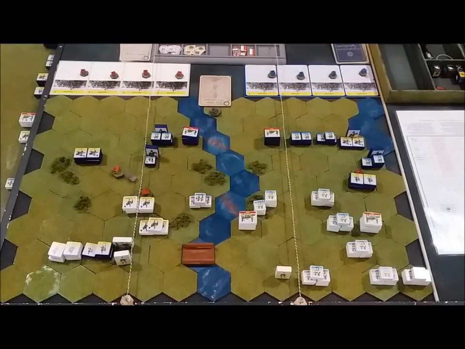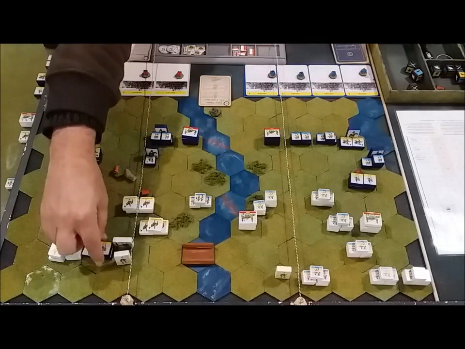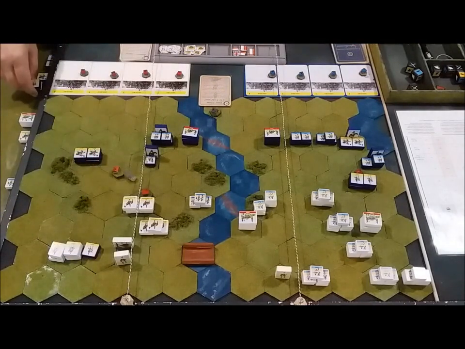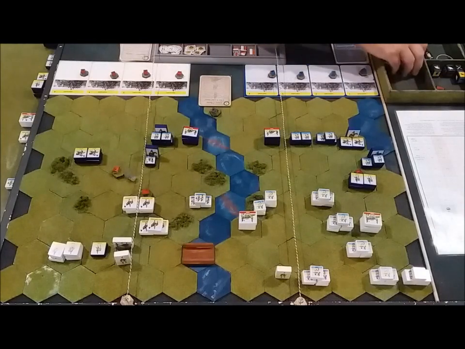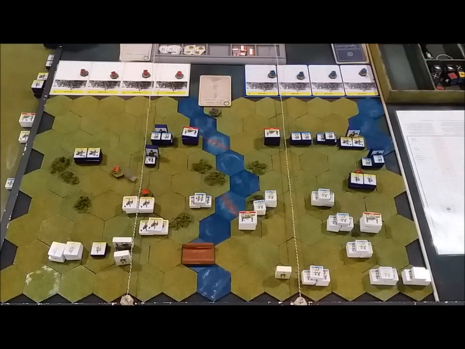Righto, so then we have the horse artillery at point blank range, which is 2 die. +1 for the cold steel is 3. And we have 2 hits. And they come back with 1 and miss.